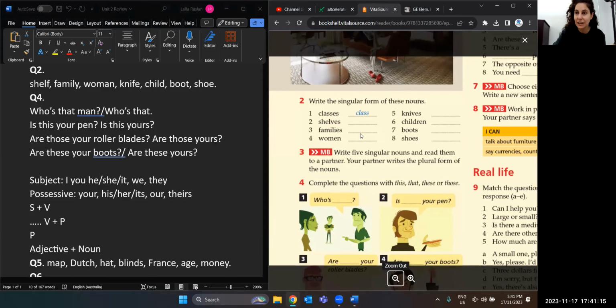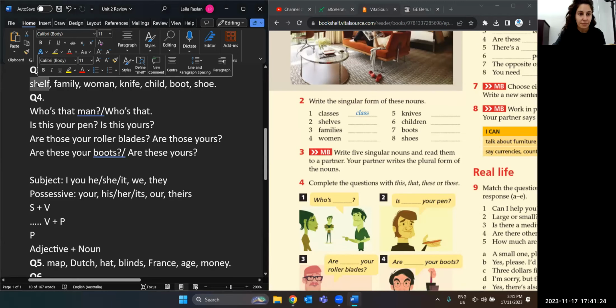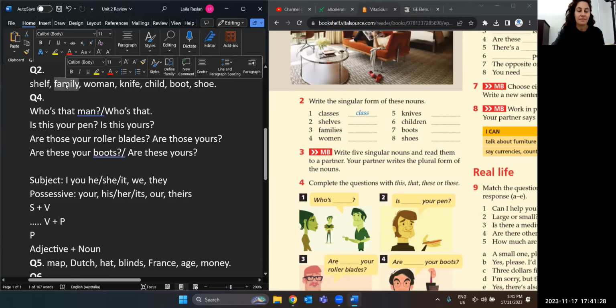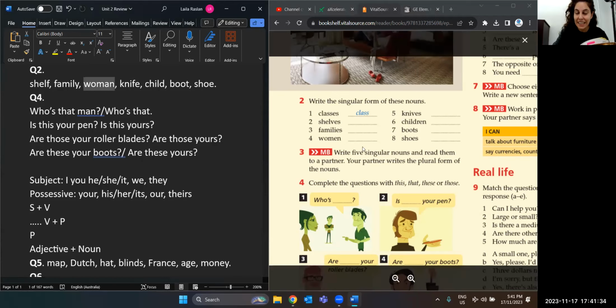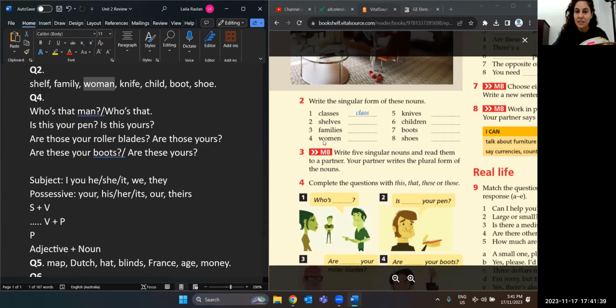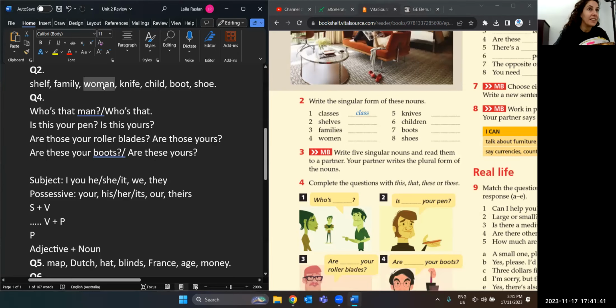Okay, so we have to write the singular. We have the plural for these objects or these nouns. So classes is class, shelves, shelf, families, family, women, woman. So it's about the pronunciation. The E is the plural one, and the one with the A is the singular. And it's women, woman.